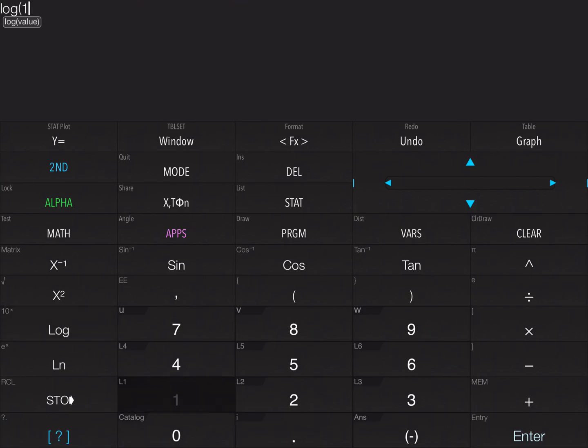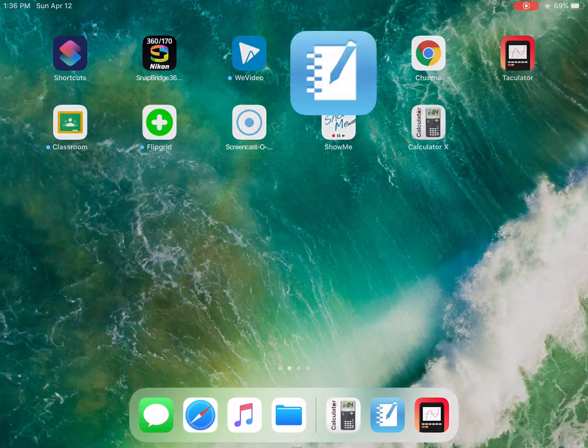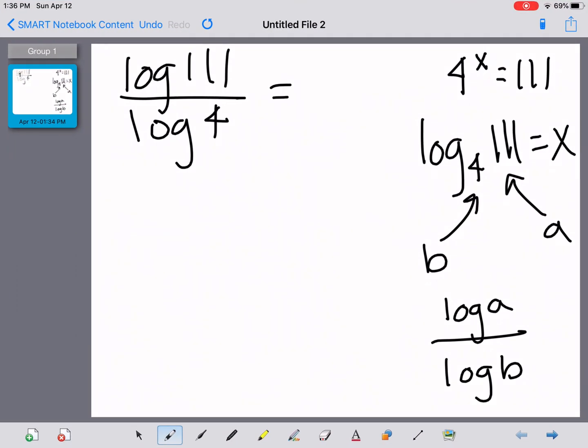Let's go log 111 and log 4. There we go, and I'll go to just the nearest tenth for now, because that'll be good enough. So just about 3.4. That's the exponential value for that.